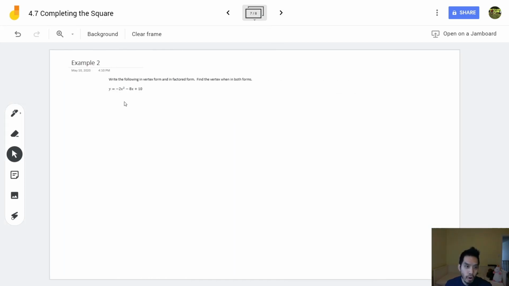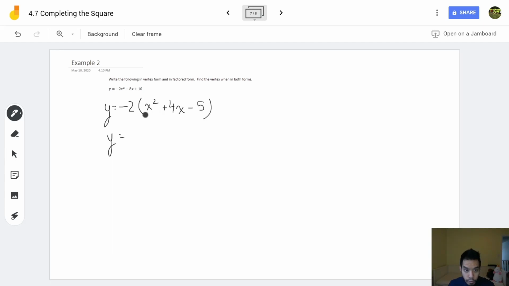So we're going to write this in factored form. So I'm going to rewrite this right here. To write this in factored form, the first type of factoring you should always check is common factoring. Is there anything in common between all three of these terms? A -2. So let's common factor out a -2, and what's left over is x squared. -8 divided by -2 will be plus 4x, and 10 divided by -2 will be minus 5.